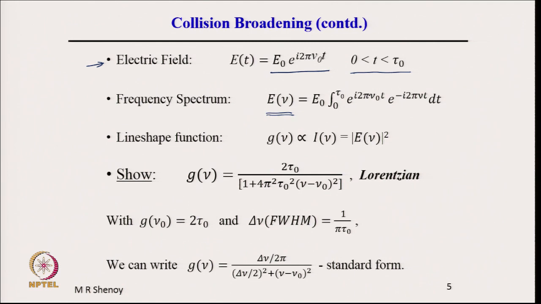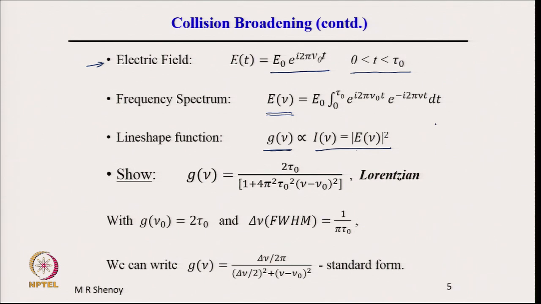So, E 0 into e power i 2 pi nu 0 t into e power minus i 2 pi nu t dt, and there, because it is a finite integral, we will see that it leads to a finite spectrum, and therefore, the intensity spectrum is equal to mod of E nu square here, and we know that the line shape function is proportional to the intensity spectrum.